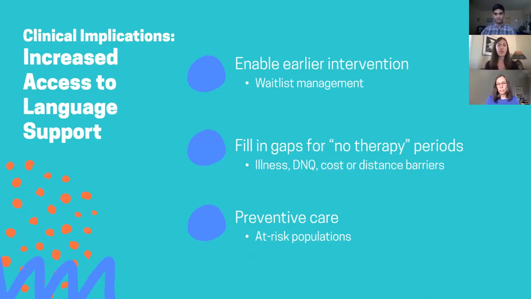So in addition to waitlist management and enabling earlier intervention, we think that it could be really positive for any of those gaps in therapy, whether that is from extended illness, or from patients who can't access therapy for a time due to the cost in their area or due to distance to therapy.